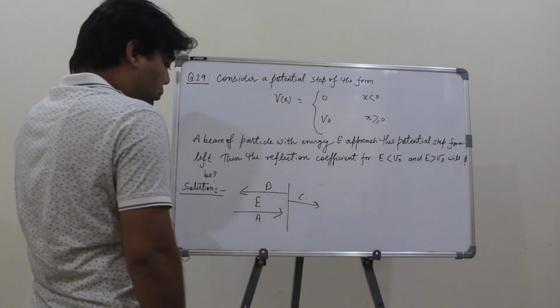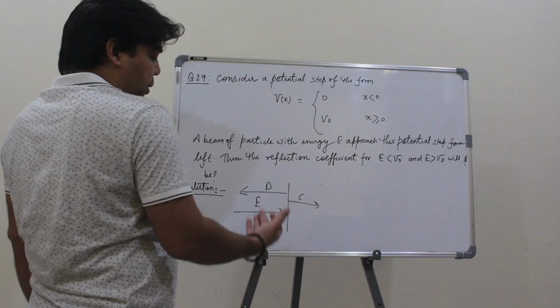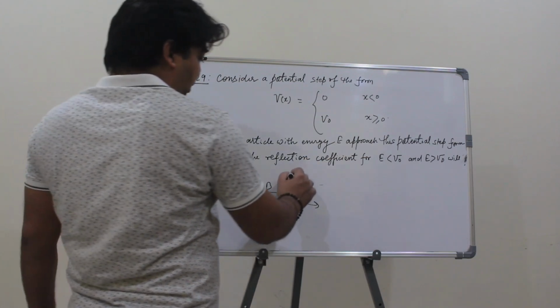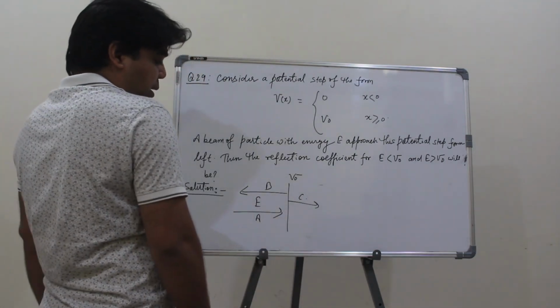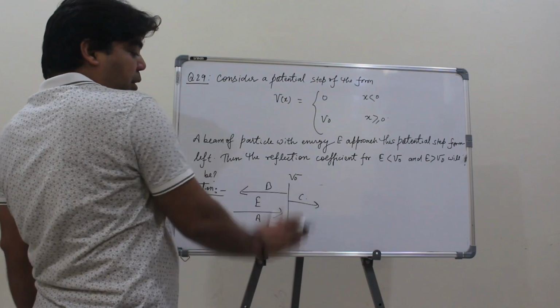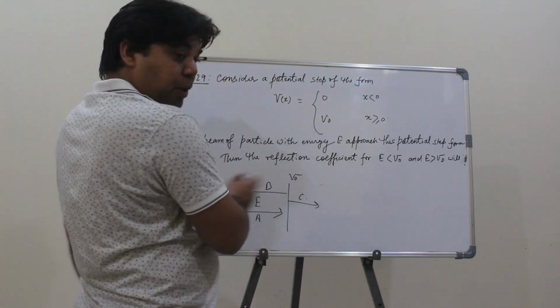Now it is asked what is the reflection coefficient for E less than V naught, and E greater than V naught. For E less than V naught, what will happen? The particle will not cross the barrier. It is a potential step, so it will reflect back only.